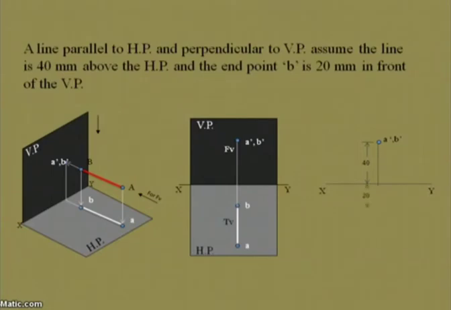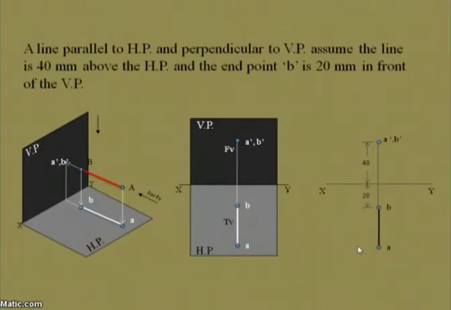First draw the 20 mm projection line, and next locate the end points B and A and join them with the true length. How much is the true length? Here I didn't give the true length. It may be 50 mm or 60 mm or 75 mm. As per the length given, draw the two end points and join them to get the straight line. Give the name ab.